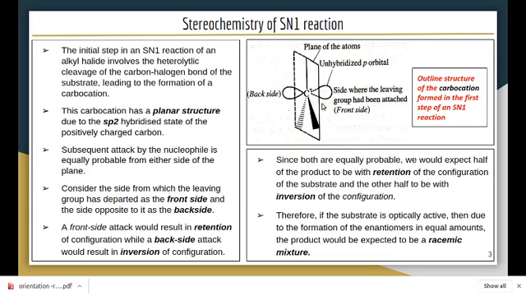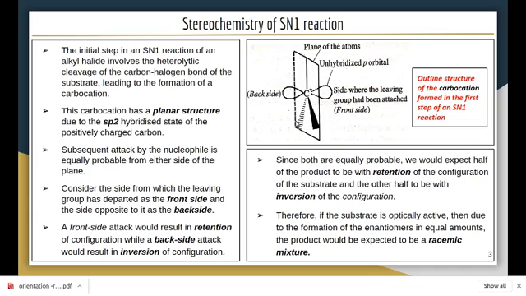That means here we had the leaving group, and if the nucleophile attacks on this side itself, then we will get retention of configuration, just as in the case of the starting material.